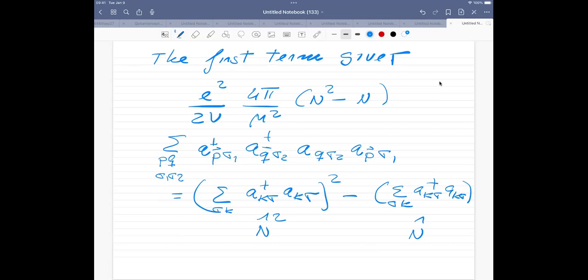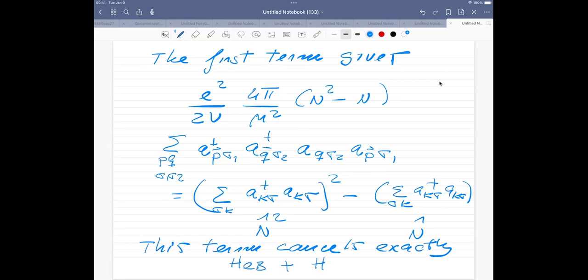So this term cancels exactly the H electron background plus the H background. I haven't shown that, but you will find that inside the lecture notes.